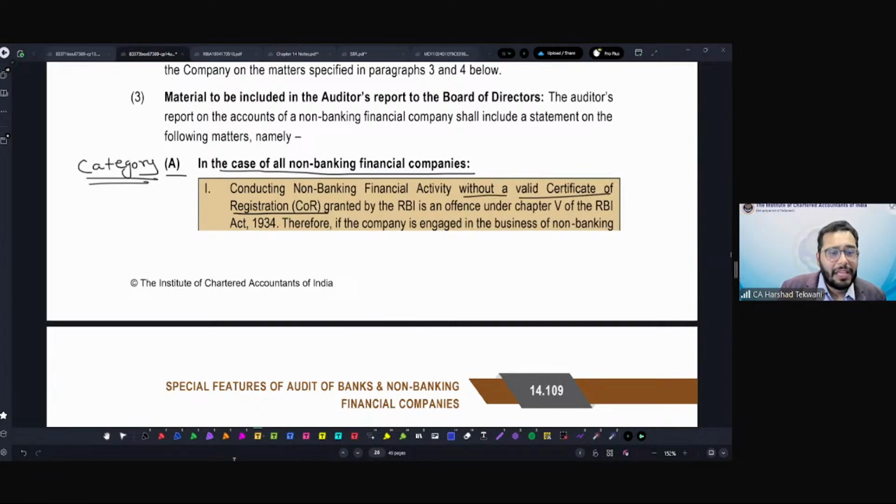What is NBFC activity? Where is it defined? Come on, quickly, fast.